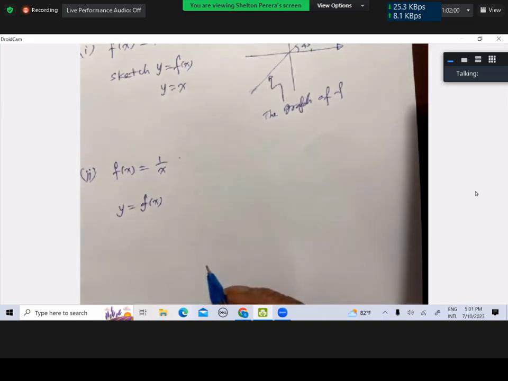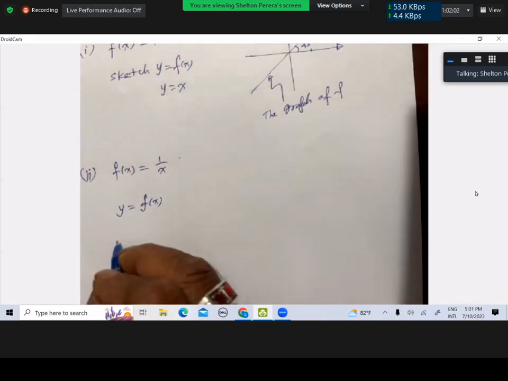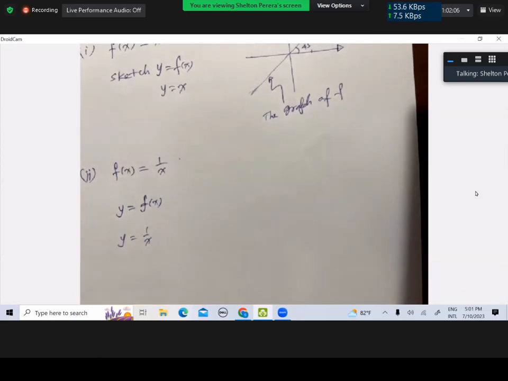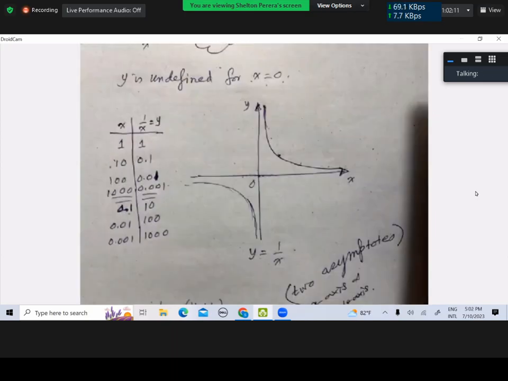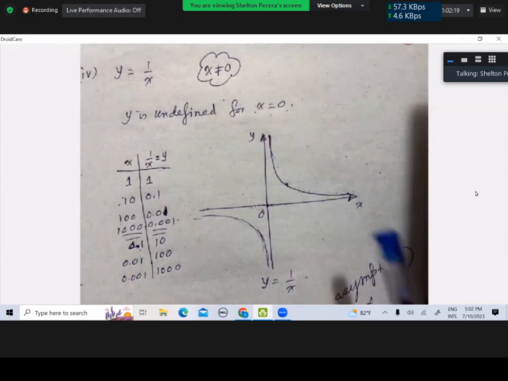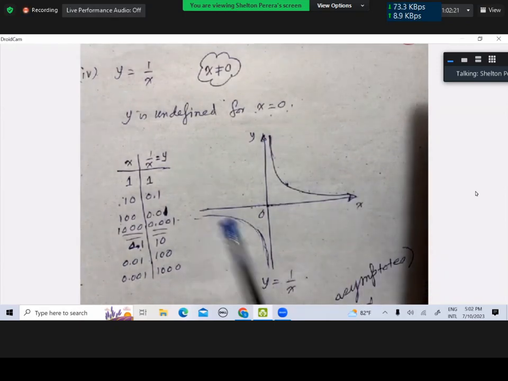Y equals f of x means y equals 1 over x. We sketched the graph of y equals 1 over x last time, choosing points. It's a hyperbola with 2 branches. This shape should be kept in mind.